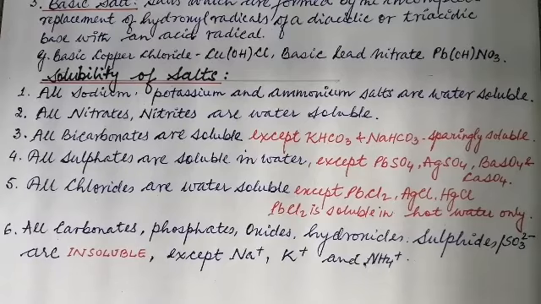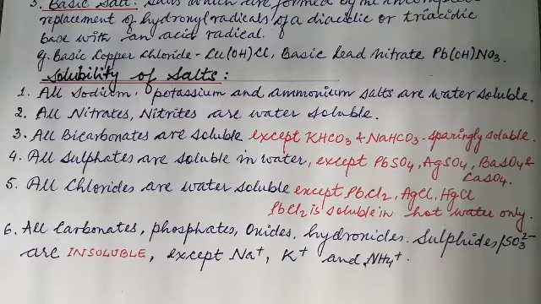Now let us study what is solubility of salts. What do you understand by solubility of salts? I have jotted down in point wise. Number one, all sodium, potassium, and ammonium salts are soluble in water.